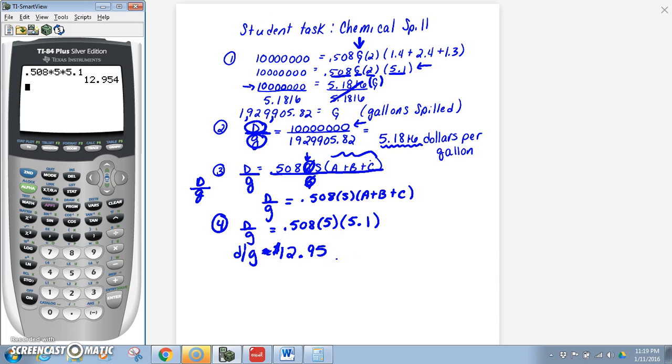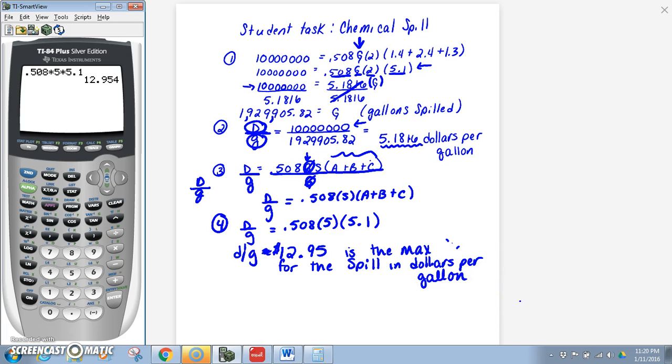And I'll change that to an approximately equal sign, since I'm going to round to 0.95 and get rid of that 4. Okay, is the maximum fine for the spill in dollars per gallon.